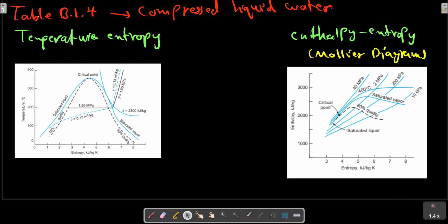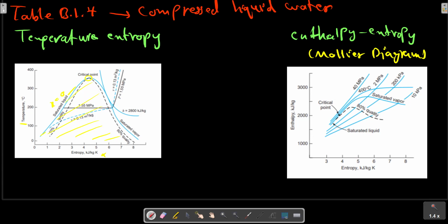In the temperature-entropy diagram, we also have a saturated area. The area between these lines is the saturated area. We have quality x equal to 0 on this line, and the critical point at the top of the diagram.